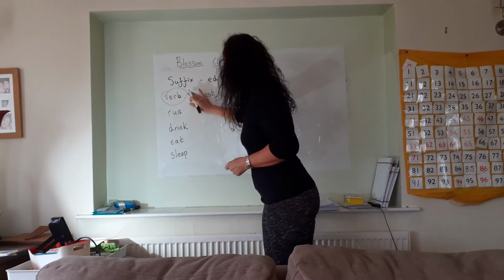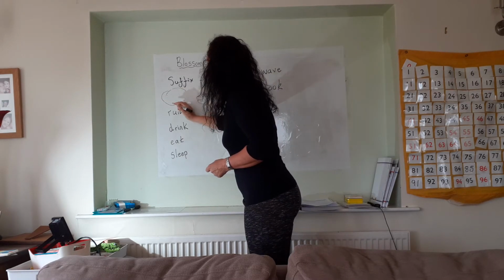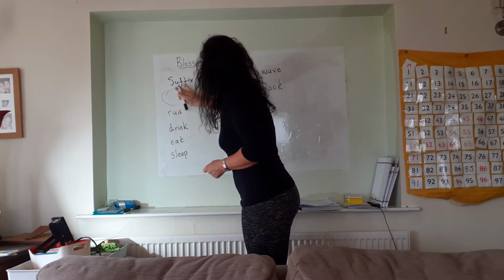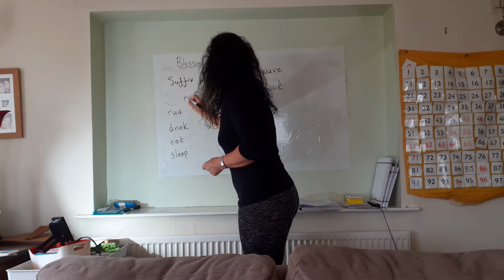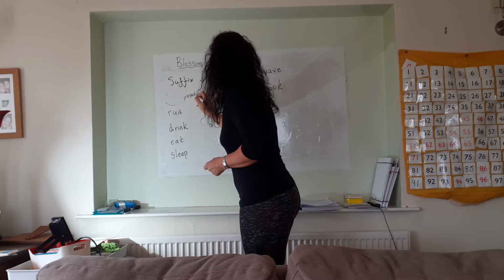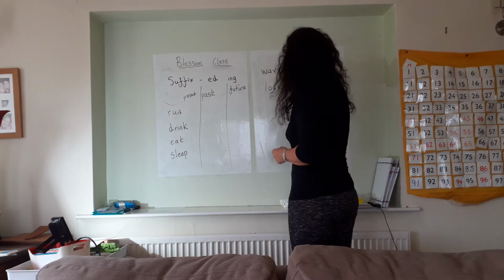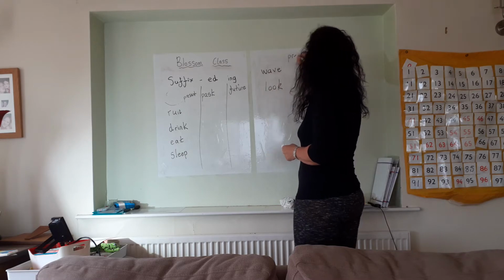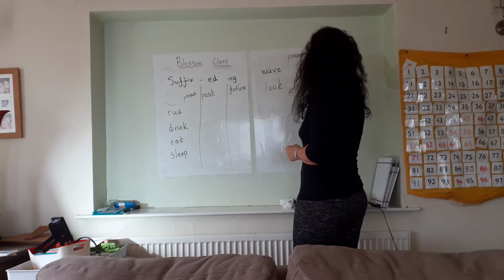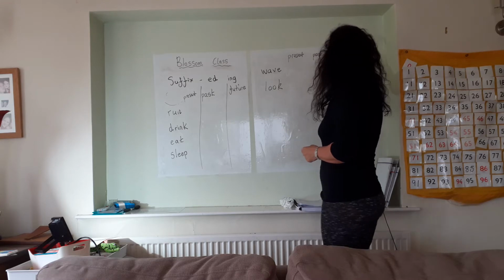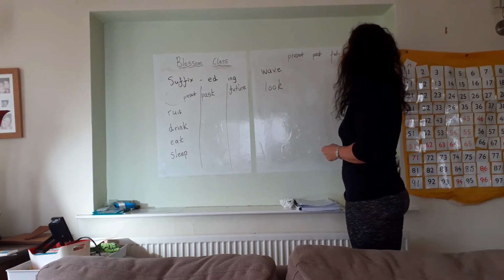And I'm going to just cross this off and put present. So you see that here. And I'm going to do exactly the same here. So I'm going to put present, past, and future.